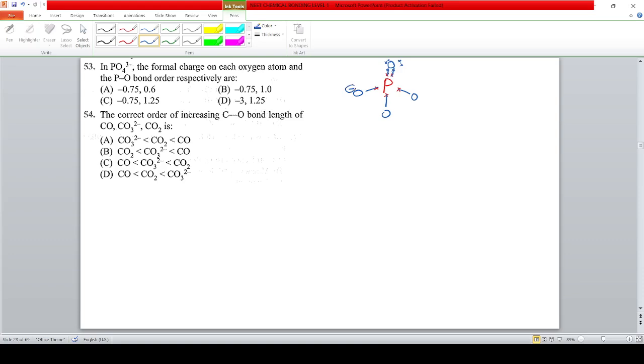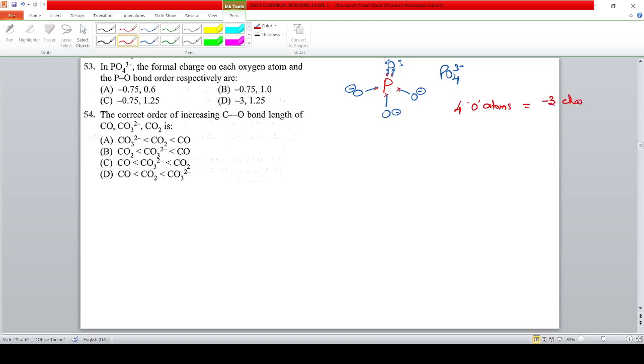In the oxygens, there is a minus on this one, a minus on this one, and a minus on this one. That is why it is called PO4 3 minus. In total there are 4 oxygen atoms. What is the total charge on the 4 oxygen atoms? Sir, all 4 oxygen atoms collectively have minus 3 charge.